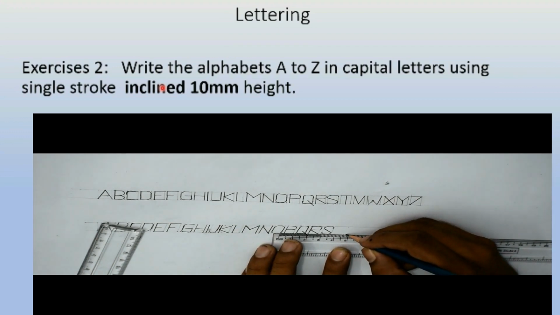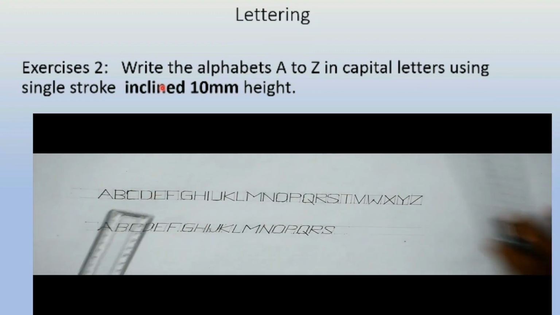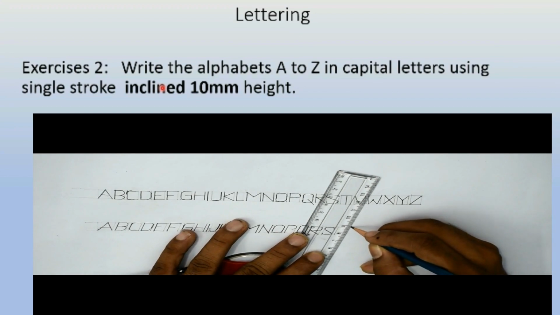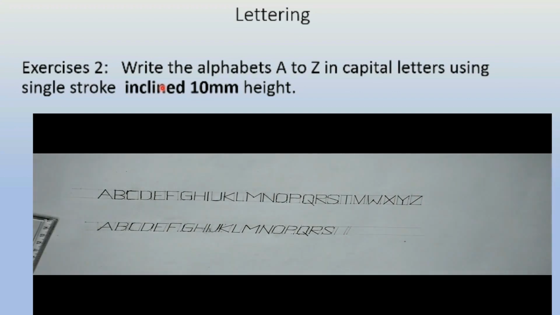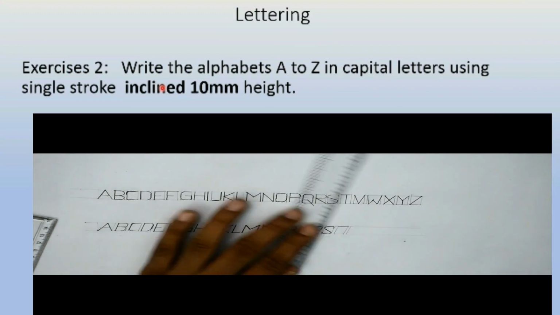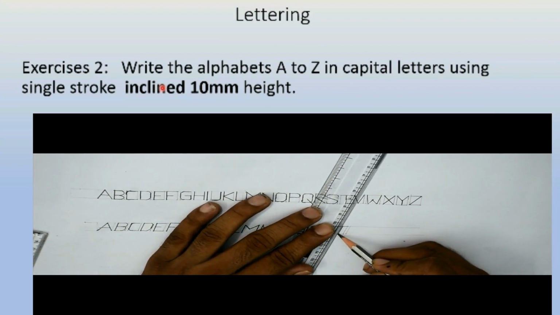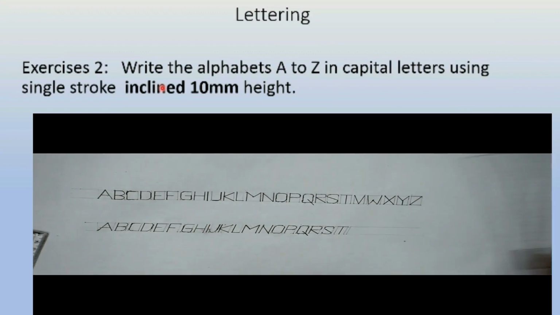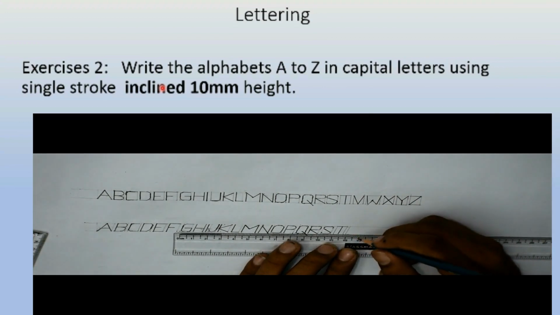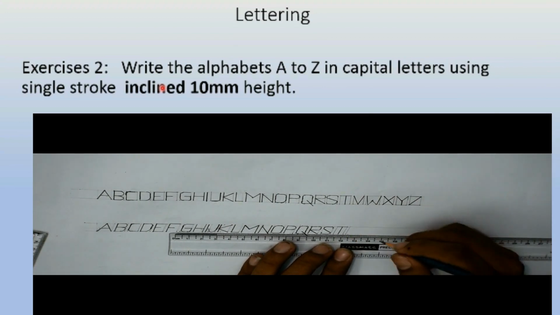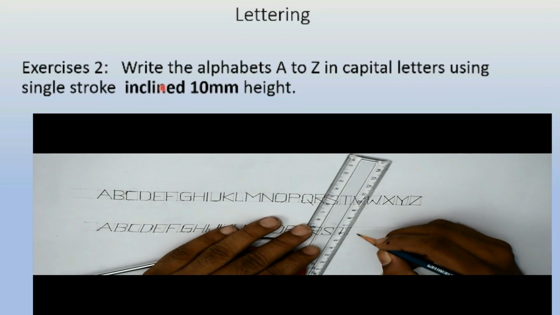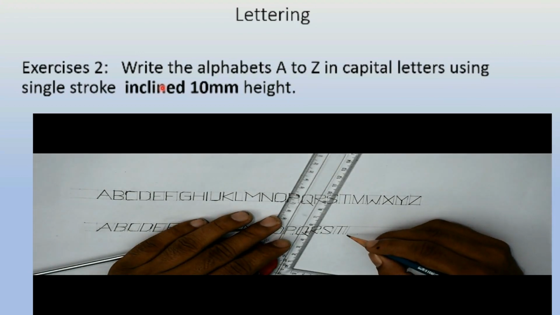Then 2 mm gap and again 2 mm gap and 7 mm width. For the alphabet V, oh, we actually took 2 mm gap already here.